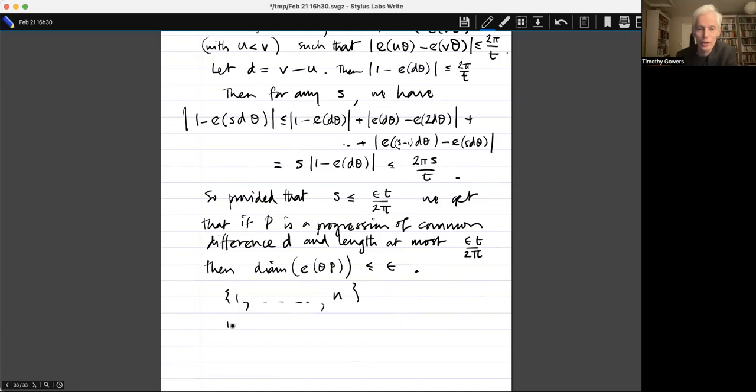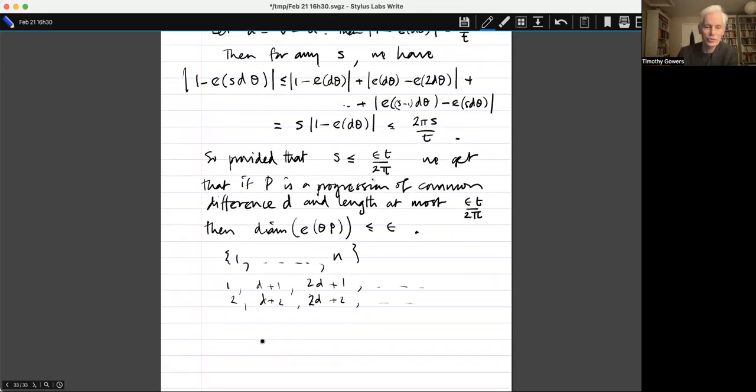So we'll have 1, d plus 1, 2d plus 1, and so on, and then 2, d plus 2, 2d plus 2, etc. So we do that, and then each residue class we will then just partition into chunks of size at most epsilon t over 2 pi, at least that's the plan. And we'd like those chunks to be reasonably big.